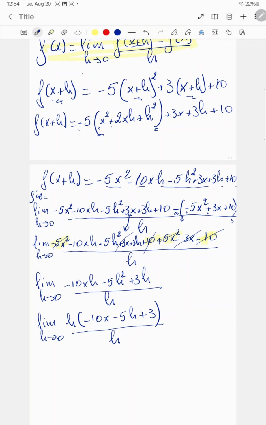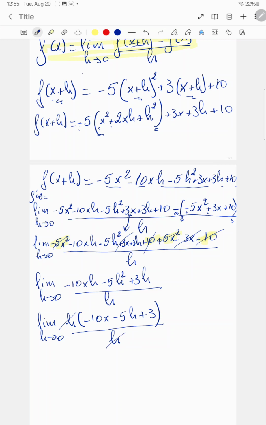And if you realize, I did not say when h equal to 0, when h tends to 0, that means h equals 0.0000001 or something, which is different than 0. That's why I can simplify by h in the numerator and the denominator.